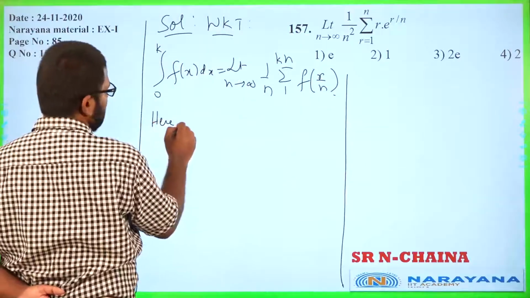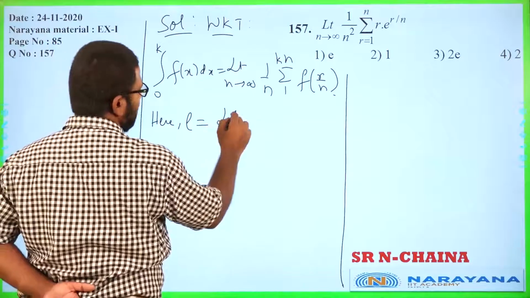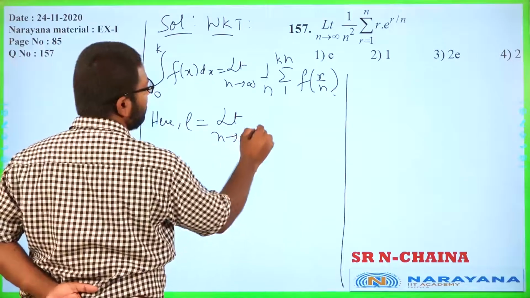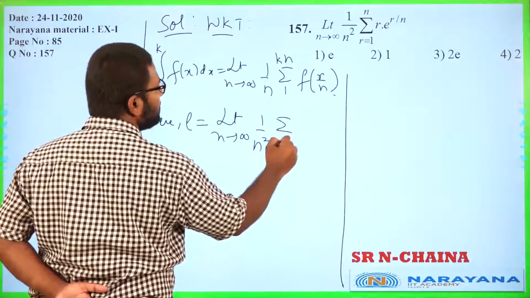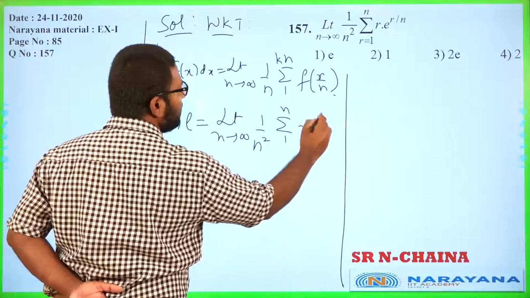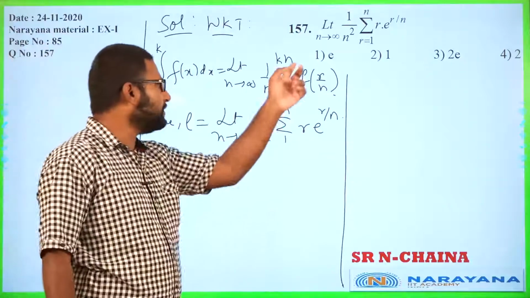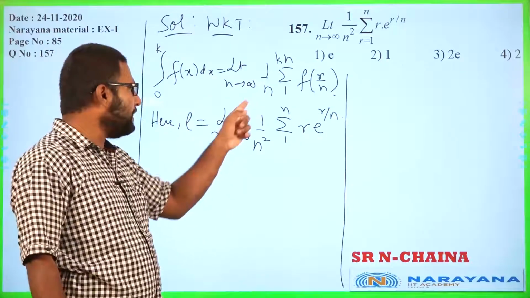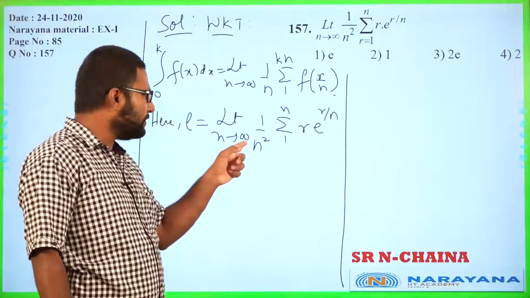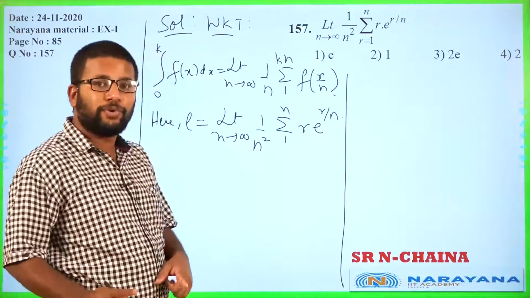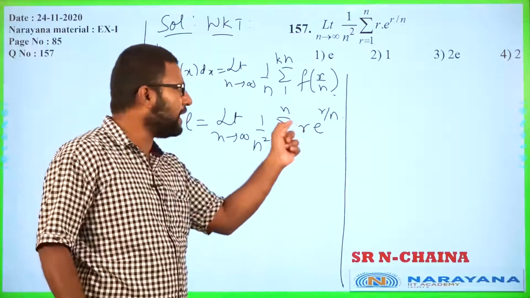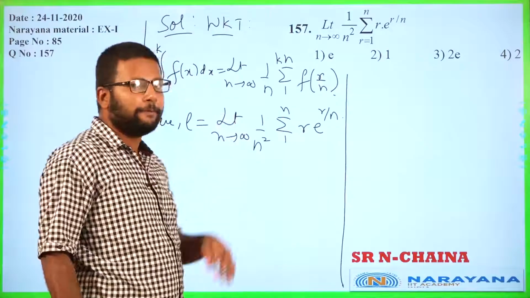Here L equal to limit n tends to infinity 1 by n square summation 1 to n r e raised to r by n. So now in order to convert this into this form, I need a 1 by n here, whereas there is 1 by n square. To take an n inside, that is good for us, because there is only r here, that will become r by n, right.